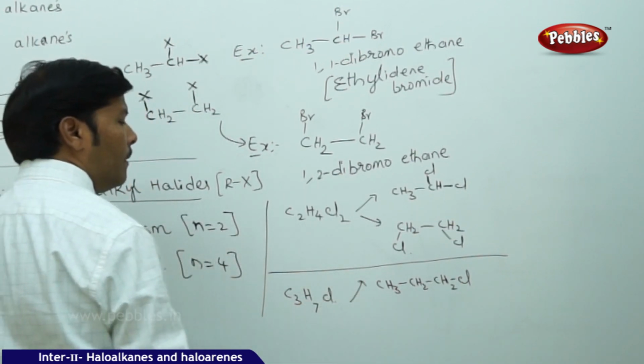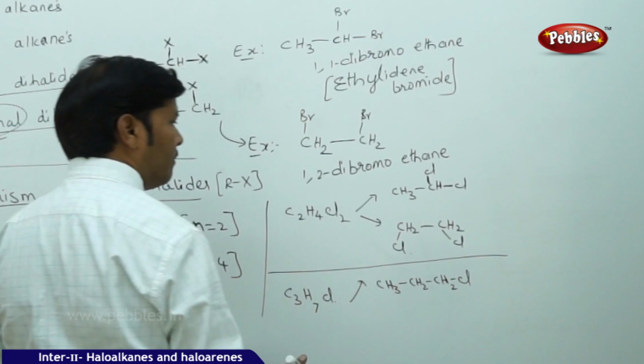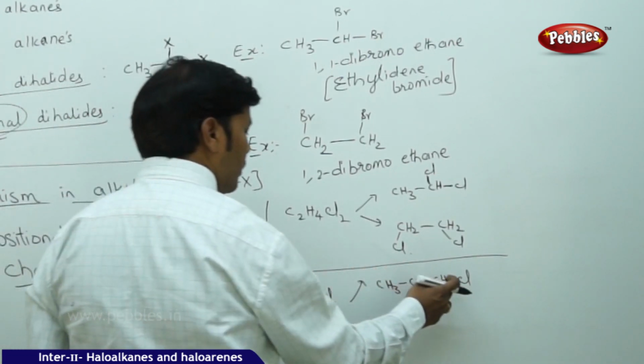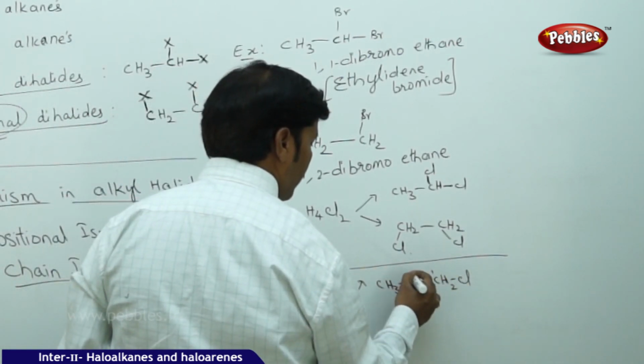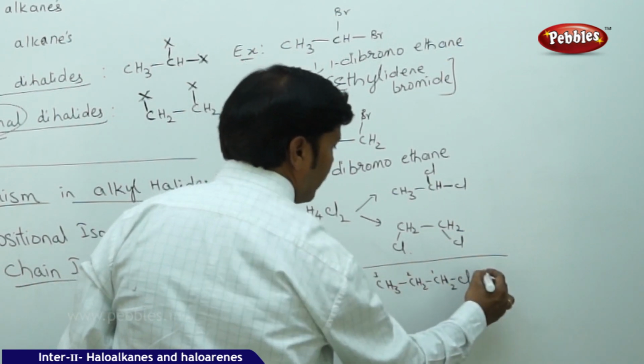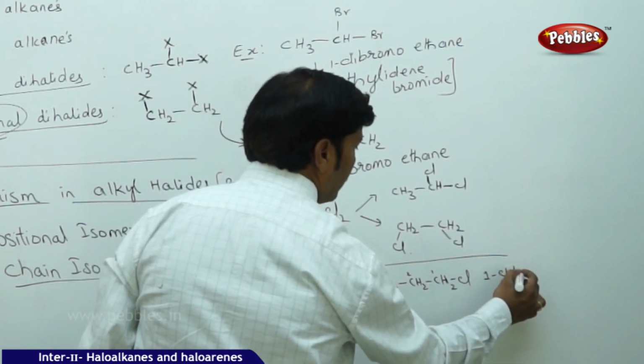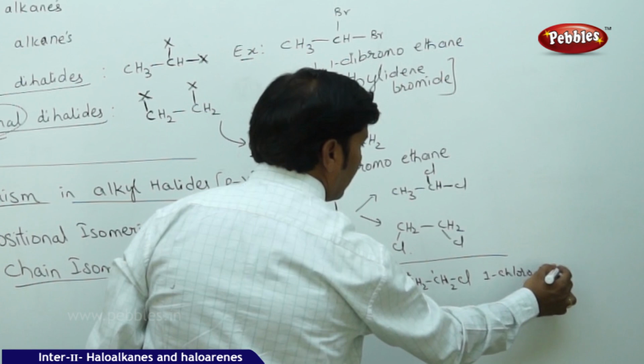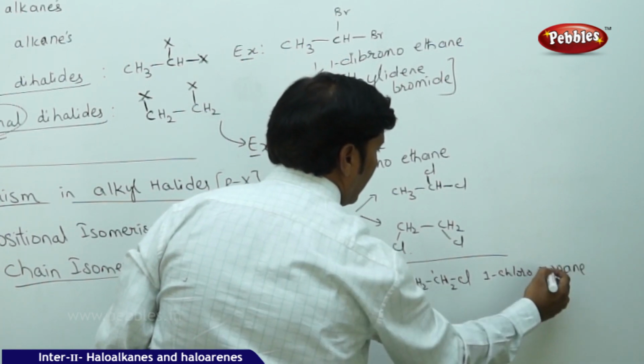We can take C3H7Cl. Here what you are noticing is the chloro group is on the first carbon, so 1, 2, 3, 1-chloropropane. This is 1-chloropropane.